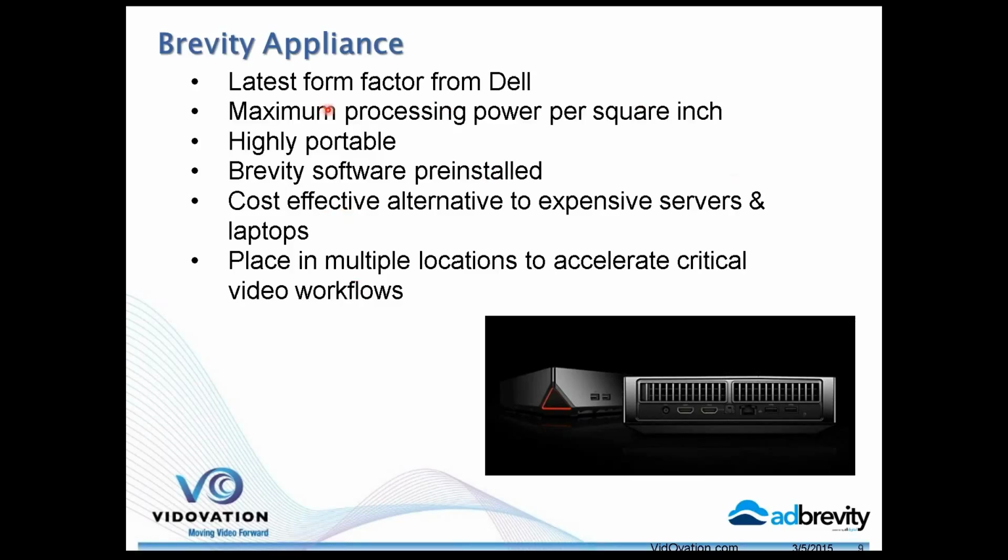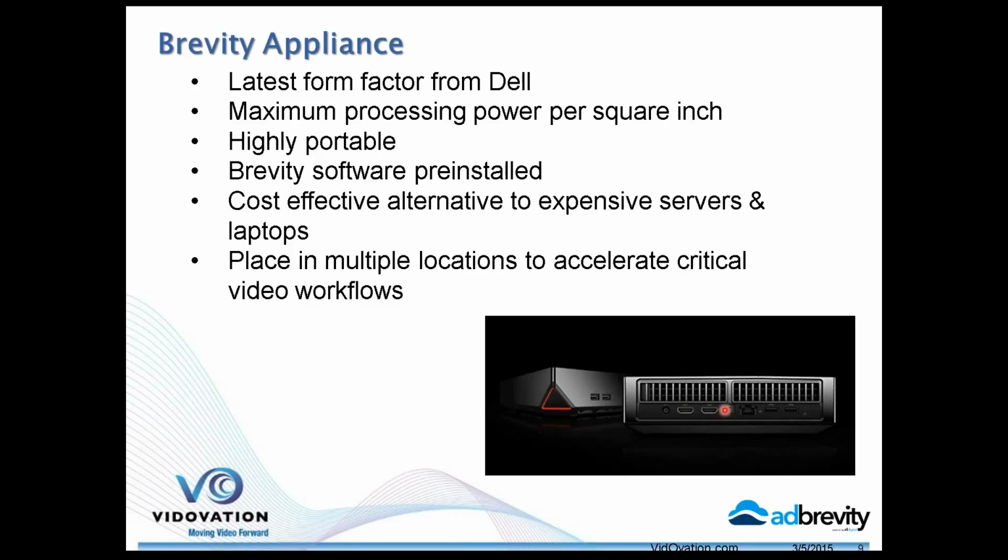So for some of the lower-end applications, we're using off-the-shelf, small form factor, Dell appliances. All these appliances have a GPU, an NVIDIA high-end graphical processing unit. You can see in the picture here, small portable units.